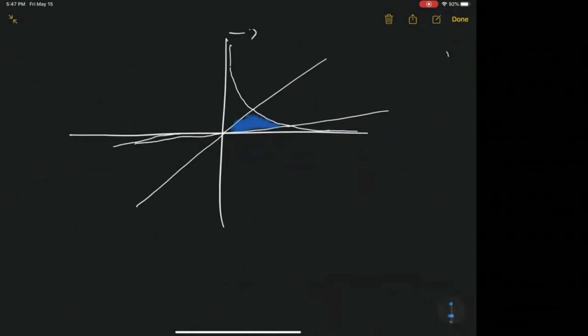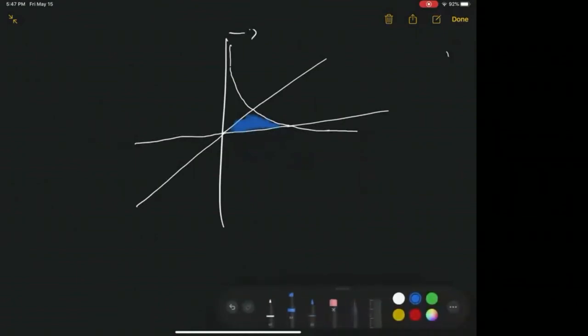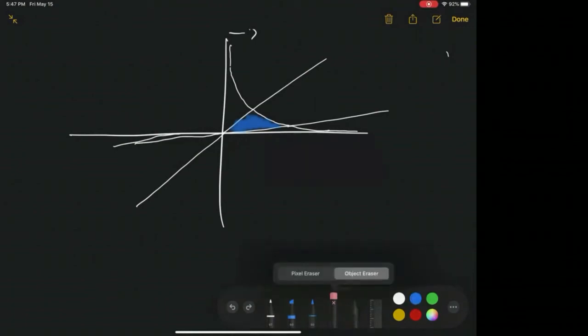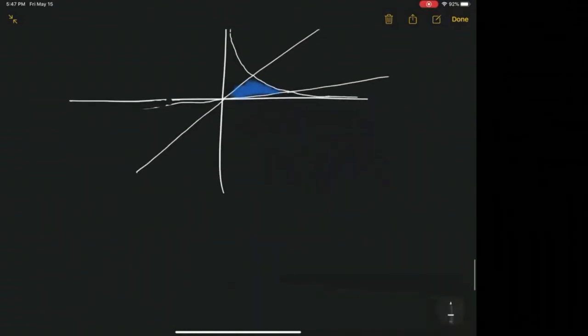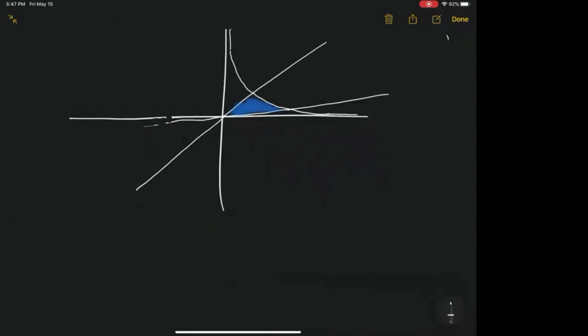Okay, so I need to find my bounds of integration. This is one of these problems where we actually need to split our integral up into two. I'm thinking about what's my top curve, what's my bottom curve. Well, in this left piece, this line is my top curve, right?